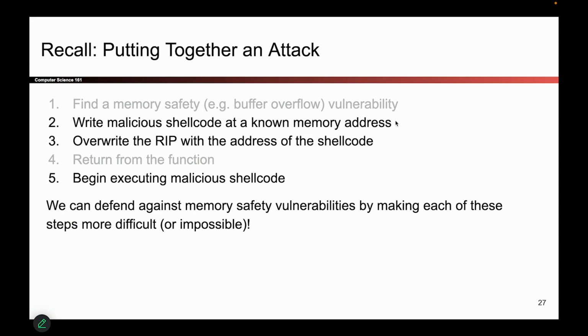And the goal is to focus on that step and find a way to make that step harder for the attacker. So we'll look at an approach that makes it harder to write the shellcode at a known memory address. We'll look at an approach that makes it harder to overwrite the RIP with the address. And we'll look at an approach that makes it harder to execute the shellcode itself. So with these mitigations, we're going to make some of the common exploits more difficult.